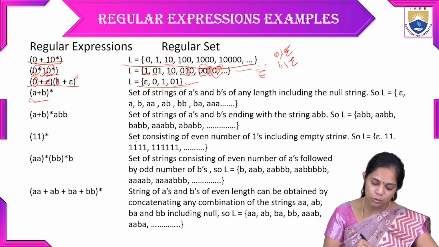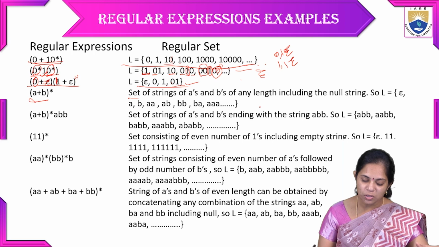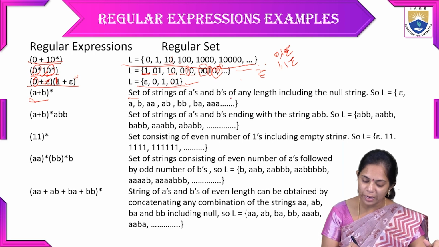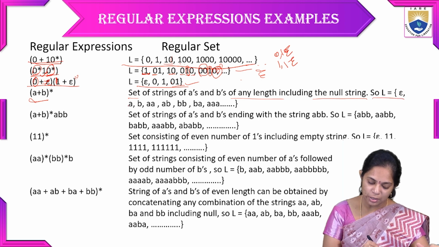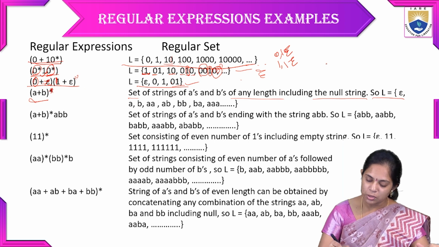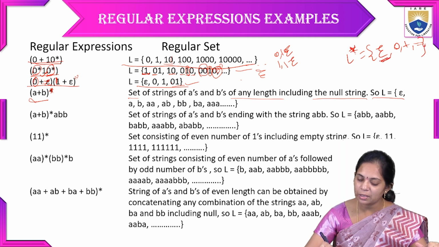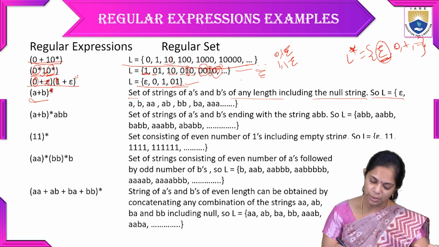Next, (A+B)*. A plus B whole star is the set of strings of A and B of any length, including the null string. The language of a star always includes epsilon, whatever the input symbols, say 0, 1 and so on. If we give any star, we include that language with the empty symbol.